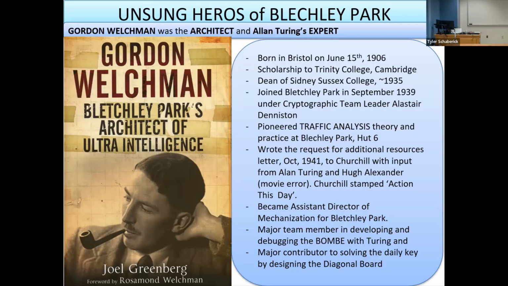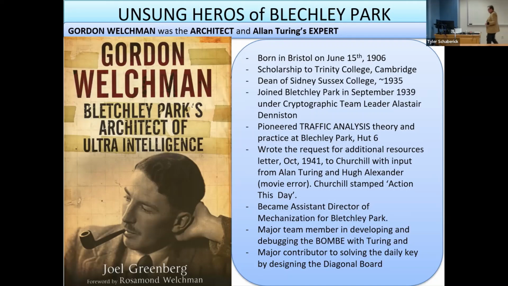He had the famous stamp, this day now. He was the opposite of a bureaucrat. He's like, you got it, just do it, get it done. But Alan Turing wouldn't do that. He would call his friend Gordon Welchman or walk over to his hut and say, you need to tell Churchill this. So this guy was not shy, and he knew what he wanted, he knew what he needed.